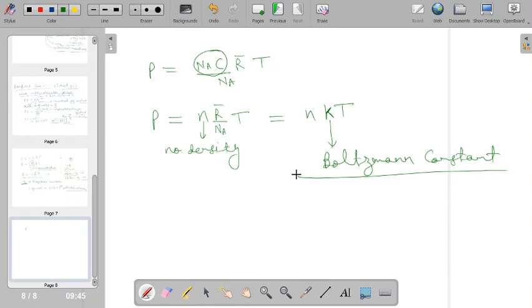Okay, K is the universal gas constant per unit Avogadro's number, which is called the Boltzmann constant. And this Boltzmann constant has a magnitude of somewhere close to 1.38 into 10 to the power minus 23 joules per Kelvin. This is the value of the Boltzmann constant.